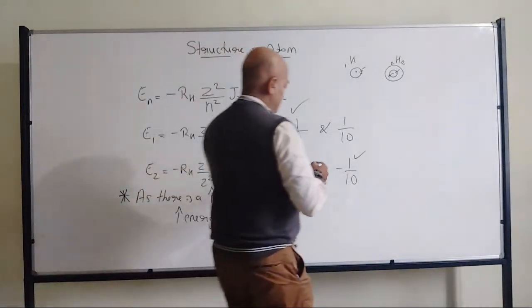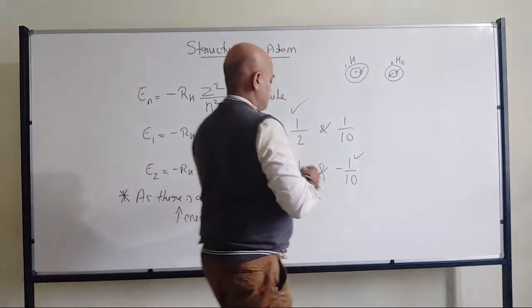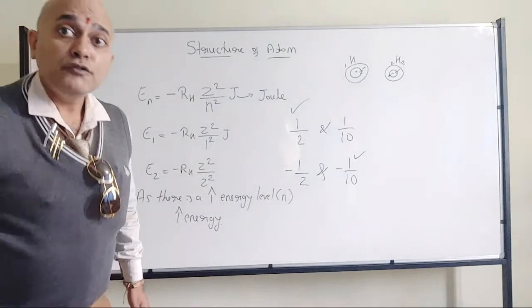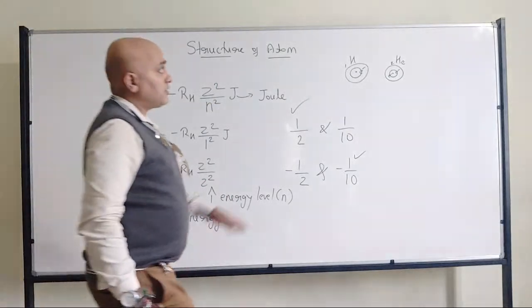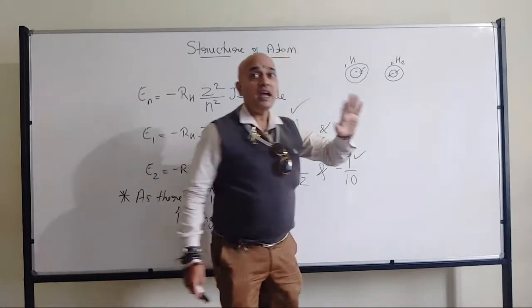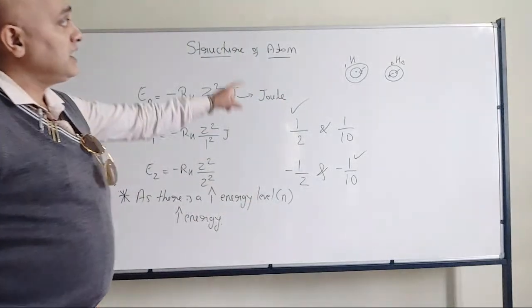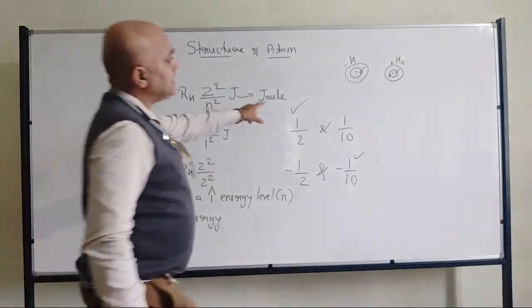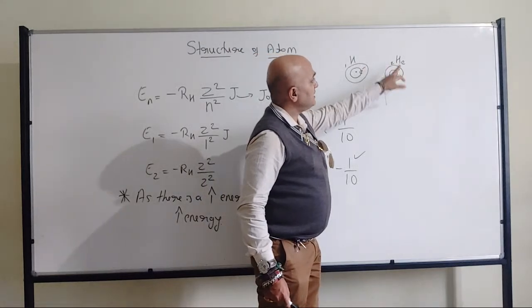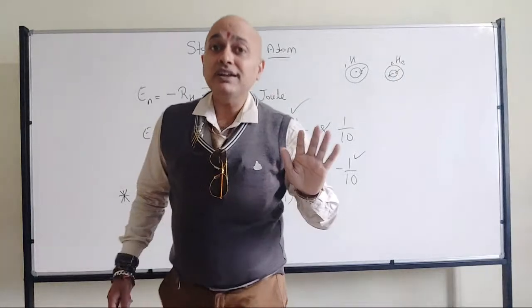Now, to avoid confusion, I will make 2 lines here also. Can you tell me which electron will have the higher energy: the electron at energy level 1 in hydrogen or the electron at energy level 1 in helium?